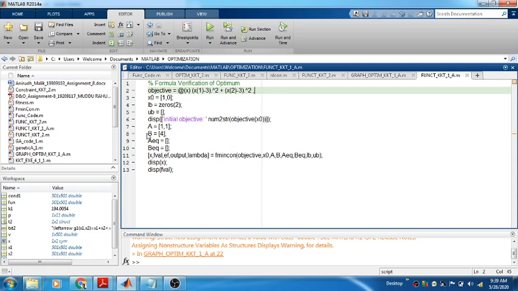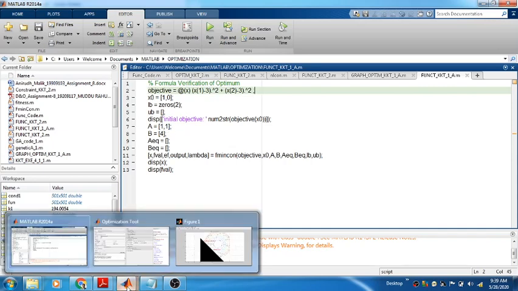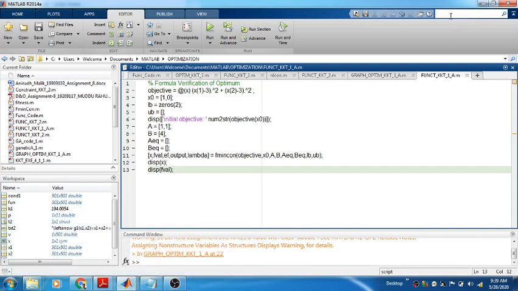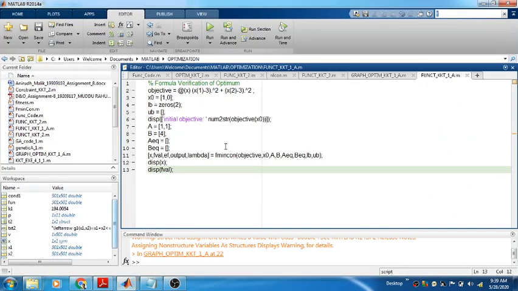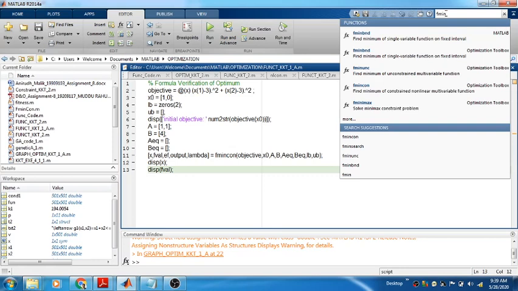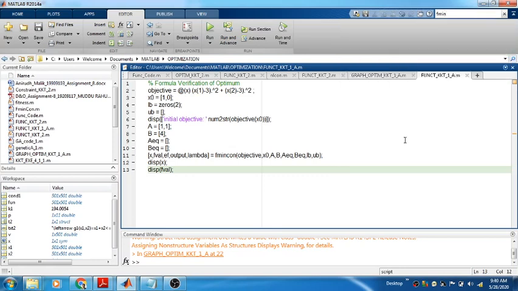And what is this A? If you go through MATLAB help, you can see here, you must be writing that function, fmincon. Yes, this one.